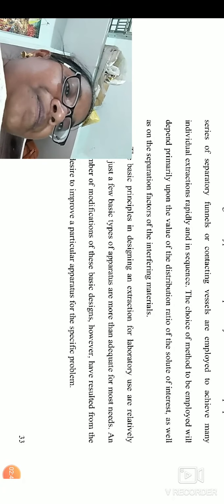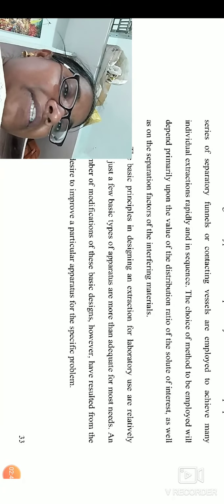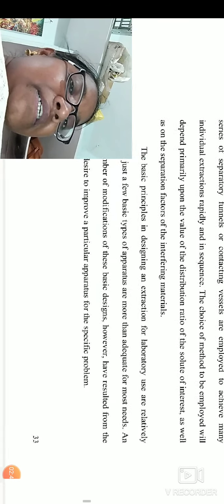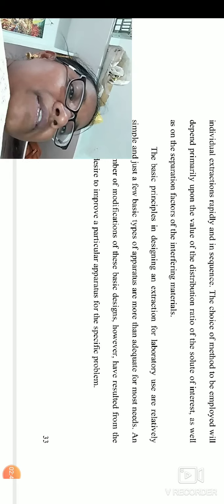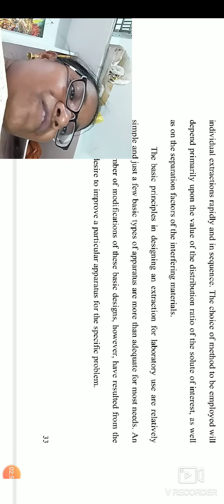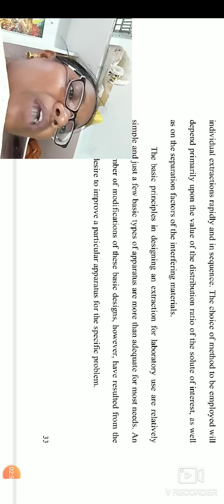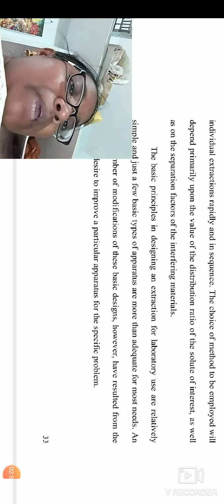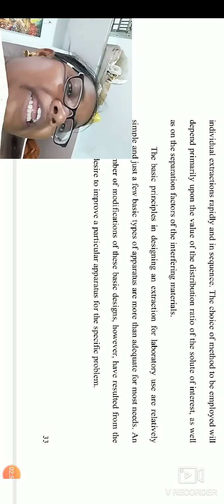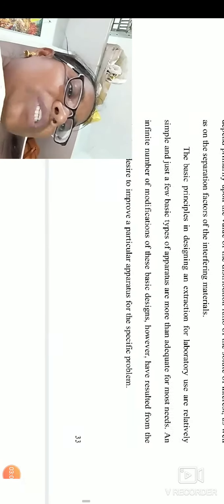of the interfering materials. The basic principles in designing an extraction for laboratory use are relatively simple, and just a few basic types of apparatus are more than adequate for most needs.